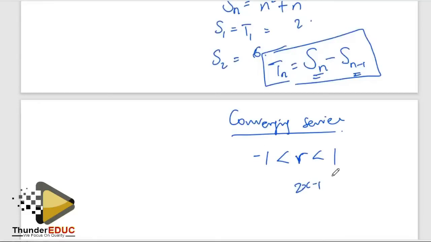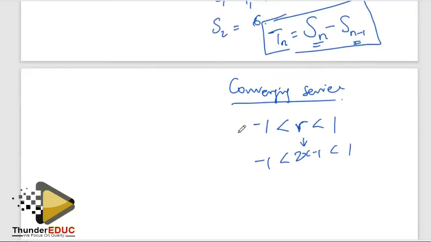So if, let's say, we have 2x minus 1 as our common ratio, we put it within this interval and then solve for x. You move the -1 to either side, it's going to be a plus 2 that side, and then this side is going to be 0, is less than 2x. Divide through by 2, 0 is less than x, and then is less than, let's say, 1.